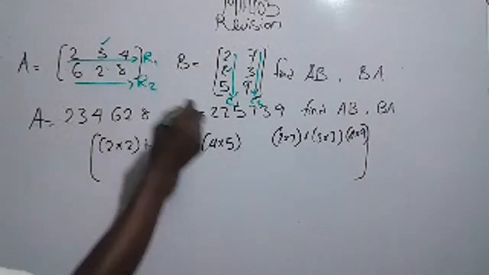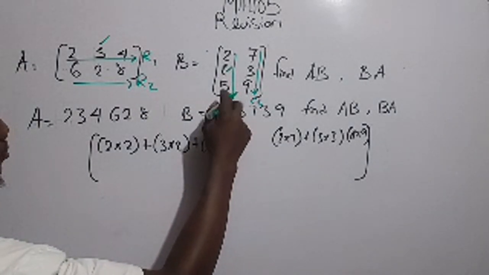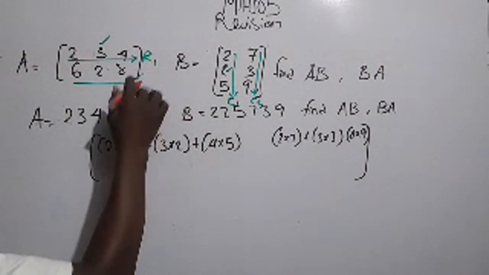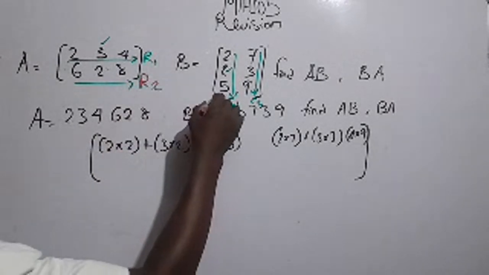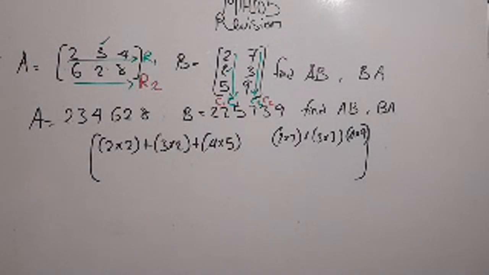Row 2 multiplies column 1 and column 2. Let me change the shade of that marker. R2, we have C1, C2. The same thing that we did.